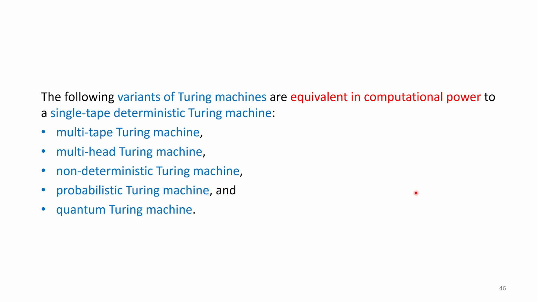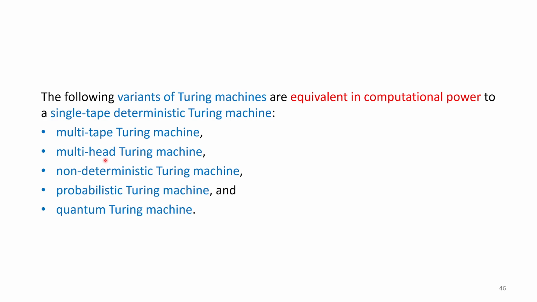So I want to talk about other variants of Turing machines then. We've shown that a non-deterministic Turing machine is equivalent to a single tape Turing machine. But what other ones? Well, we showed that a multi-tape Turing machine is also equivalent to a single tape Turing machine. We could also define what we might call a multi-head Turing machine. It only has one tape, but it's got multiple heads, so you don't have to be scanning back and forth all the time.